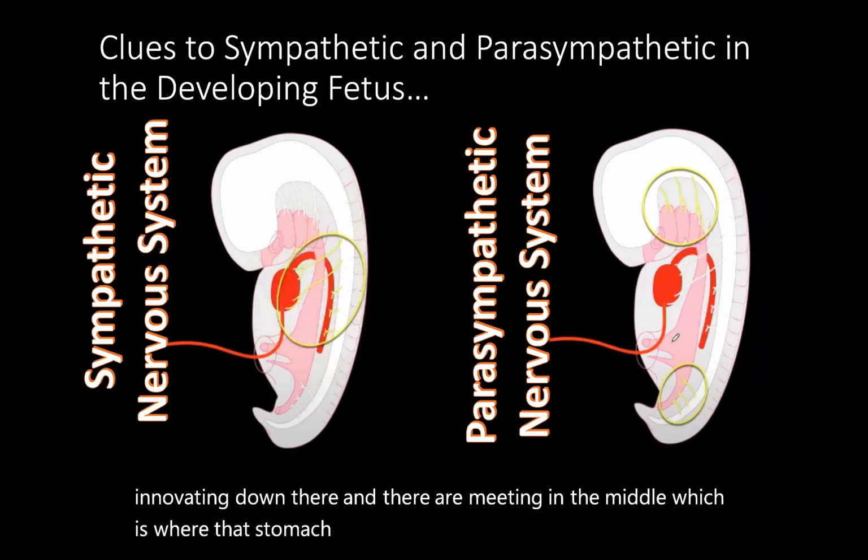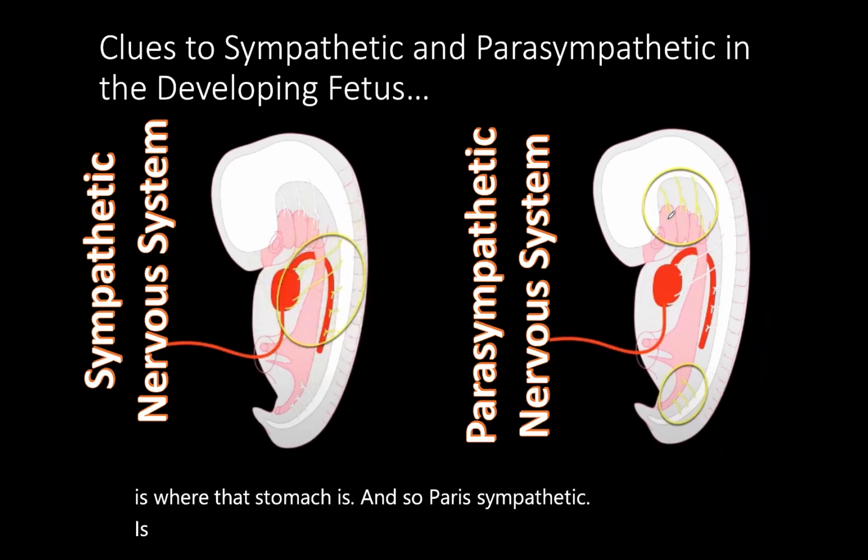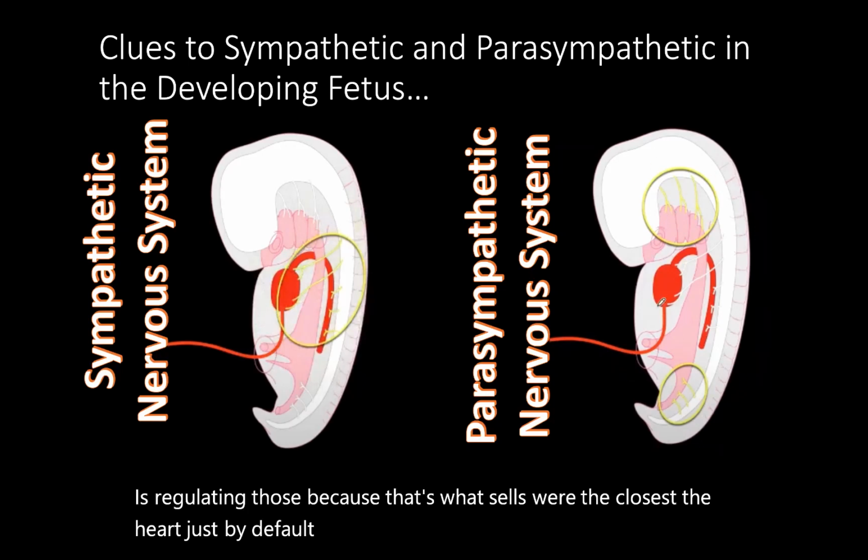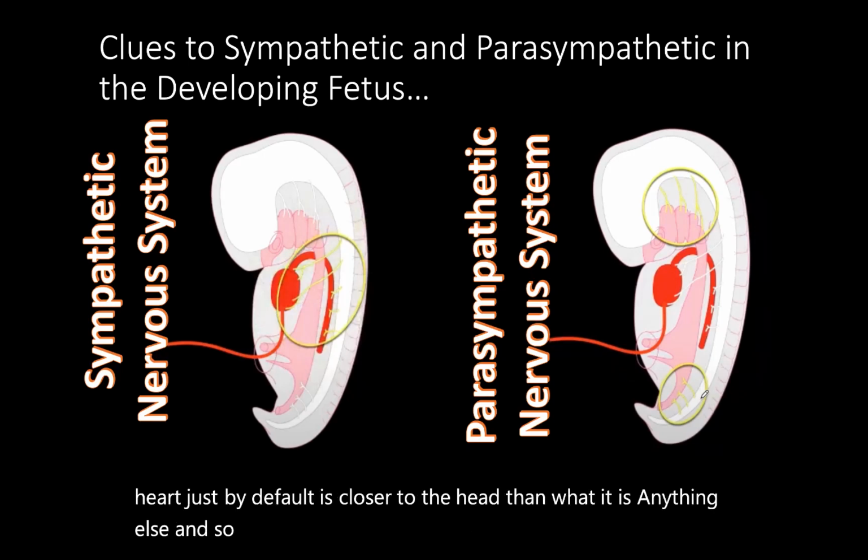And so parasympathetic is regulating those because that's what cells were the closest. The heart, just by default, is closer to the head than anything else. And so the heart falls, by location, under the jurisdiction of the parasympathetic.